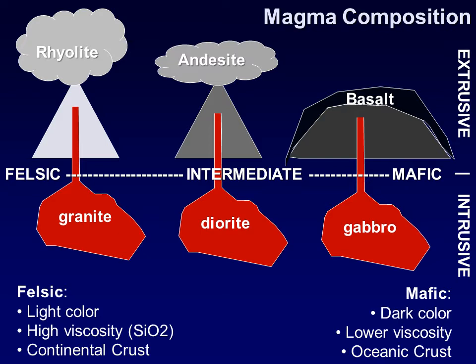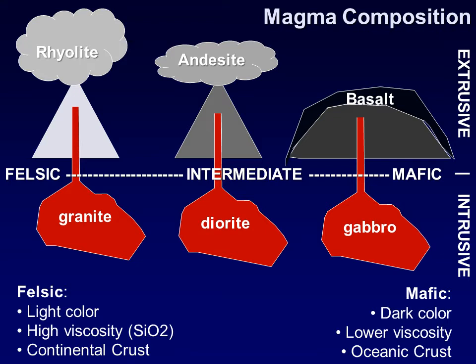You don't have this image in your notes, but it would be really easy for you to just flip your page over and sketch it out, because this is a simple image that's easy to refer back to, to give you an idea of what I'm talking about with felsic and mafic.